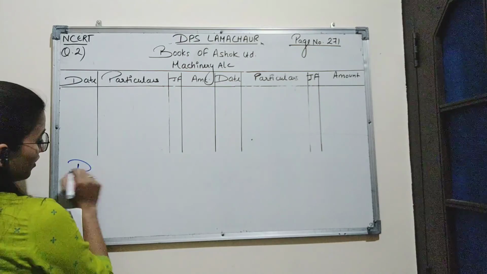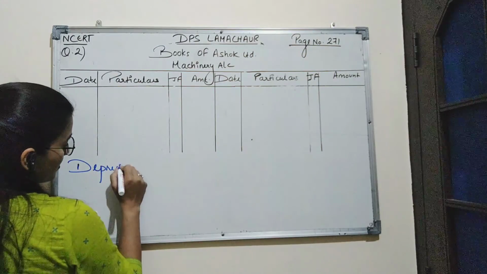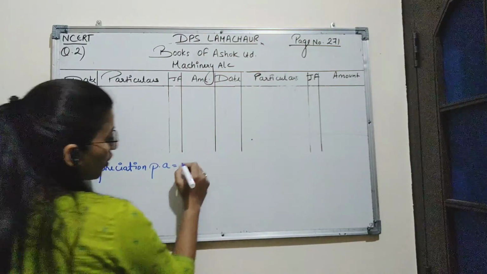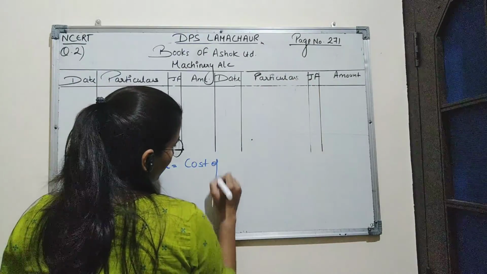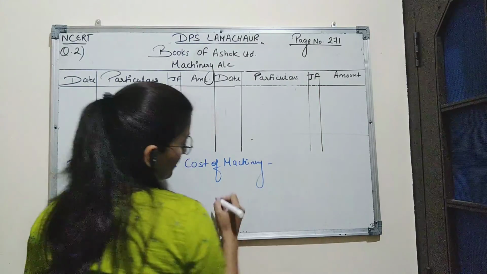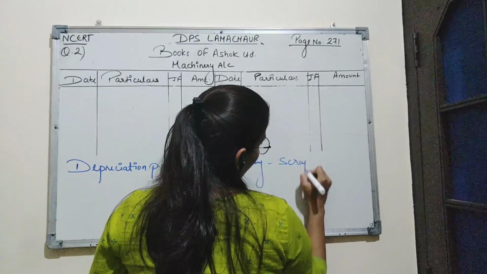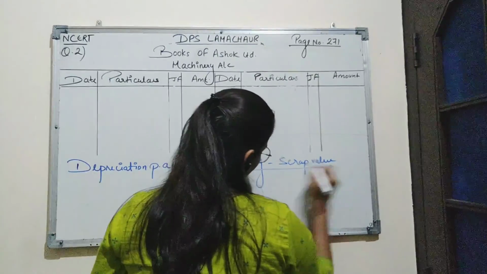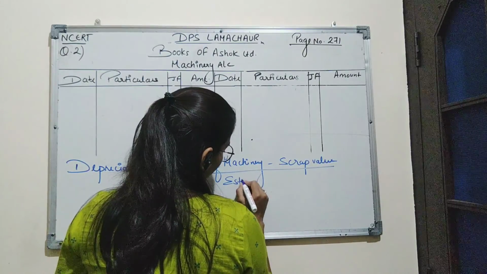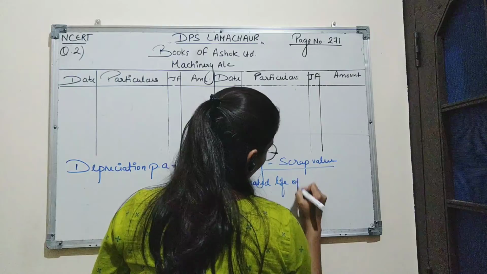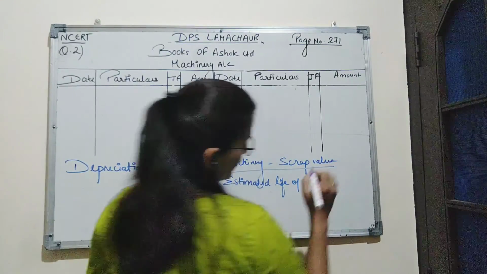The formula for calculating depreciation per annum is cost of machinery minus scrap value divided by estimated life of asset.